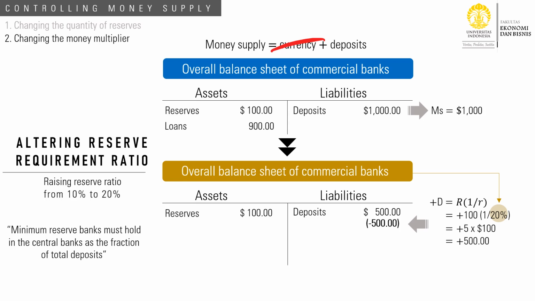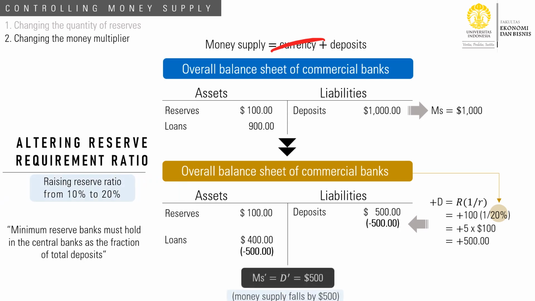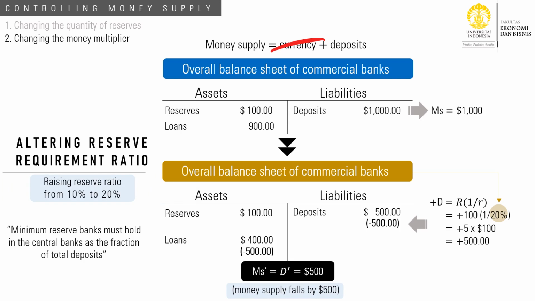And from the balance sheet, it means that only $400 of loans are available in the monetary system, also $500 less from the initial amount. From the process, we can observe that raising the reserve ratio from 10% to 20% could effectively reduce the money supply from $1,000 to $500.